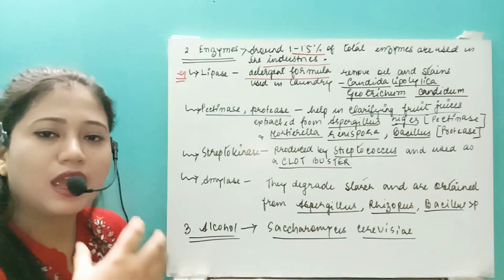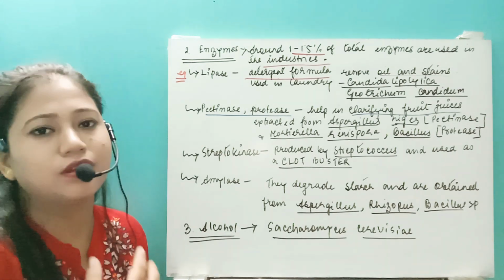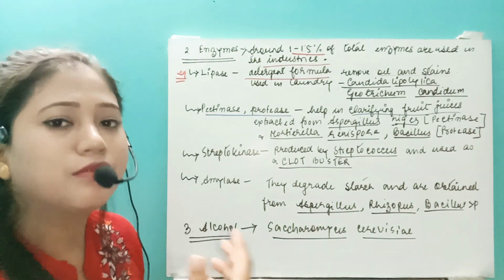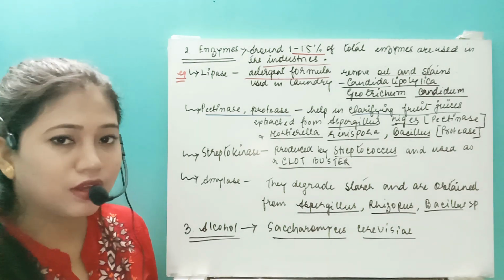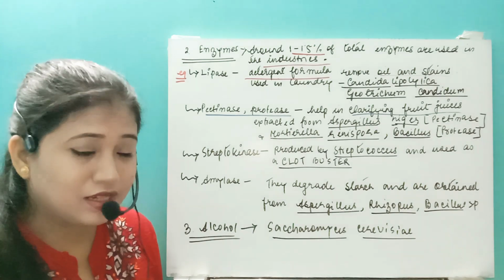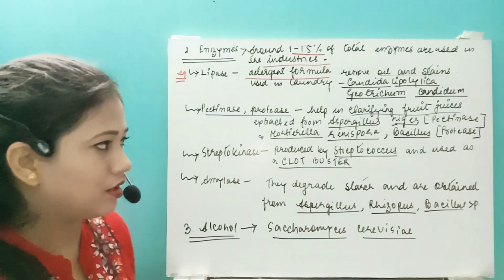Normally the fruit juice we use at home has all the fibers and pulp, but whenever you get a fruit juice from the market, it does not have all that pulp and fiber. It is completely clear, though it is colored, but transparent, right?